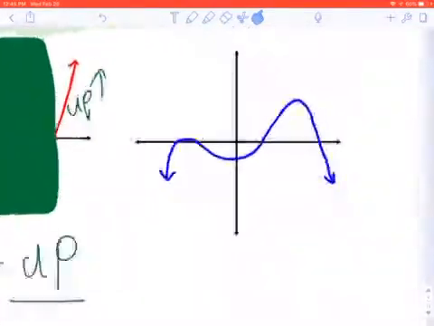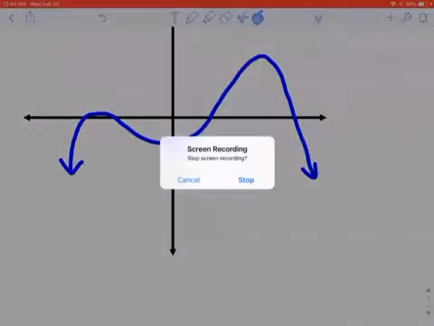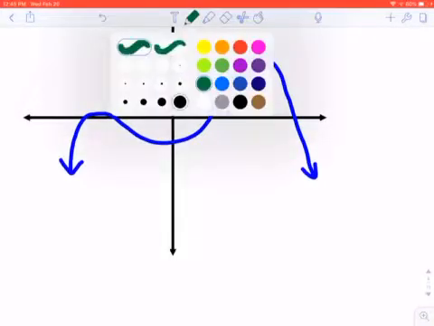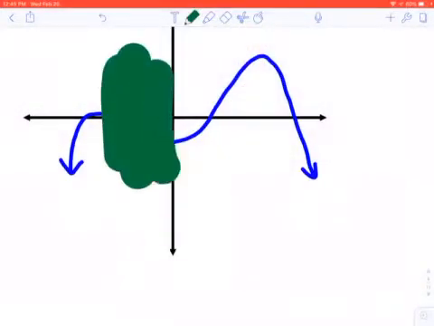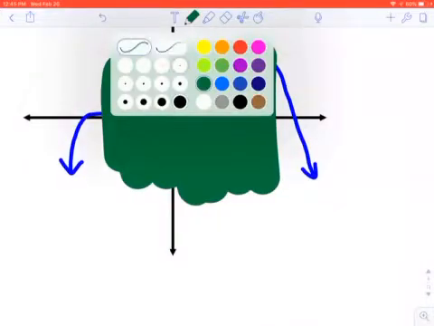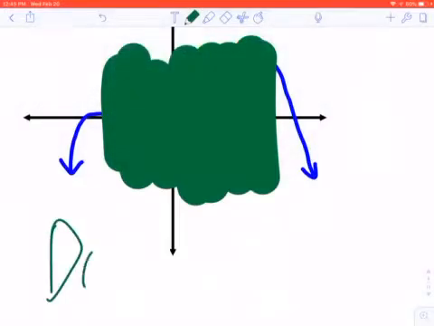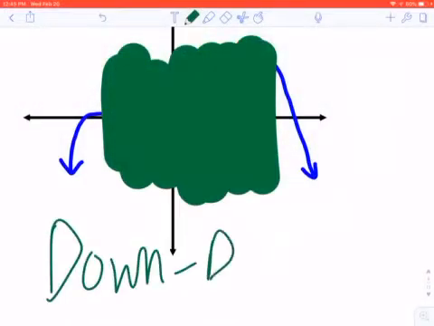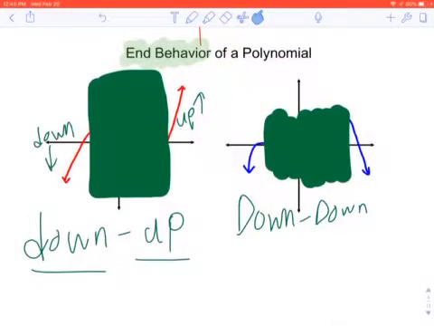So for the second one, again, mentally blocking out the middle of the graph. I'm not concerned with what happens in here. I see that at both ends of the graph, this thing is going down. So this is going to be down, down as the end behavior. So when we talk end behavior, we have things like down up, down down.